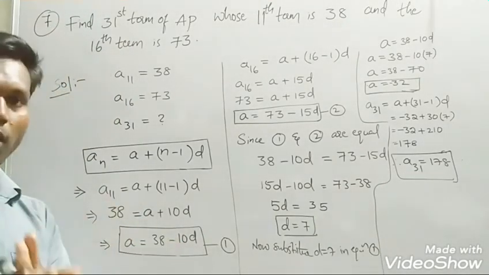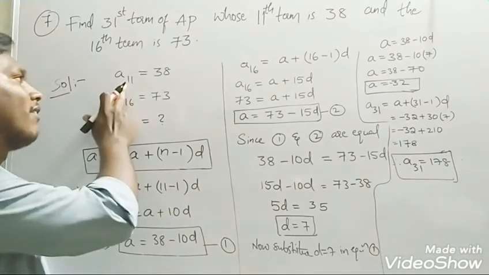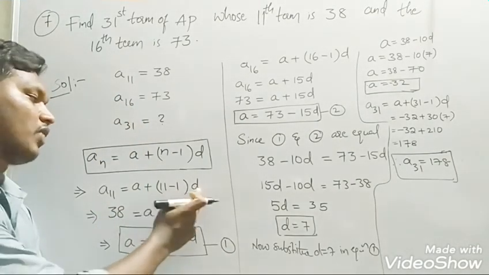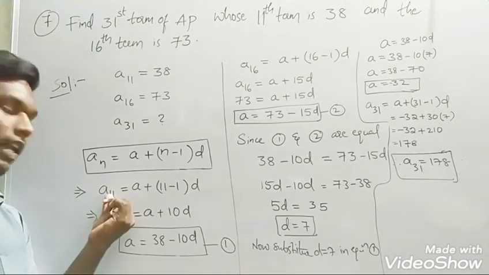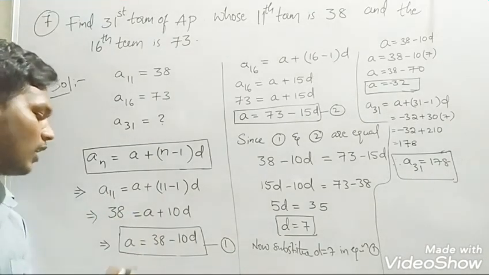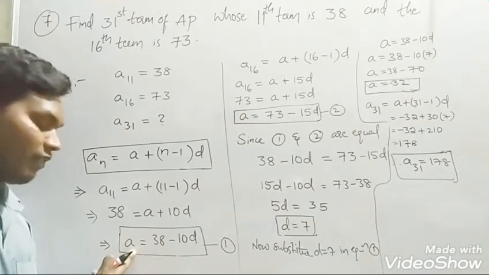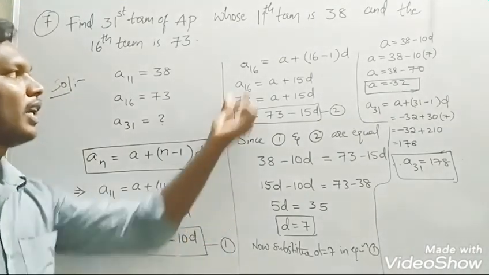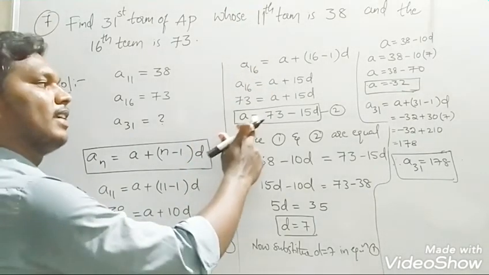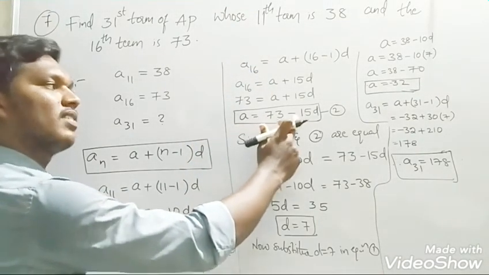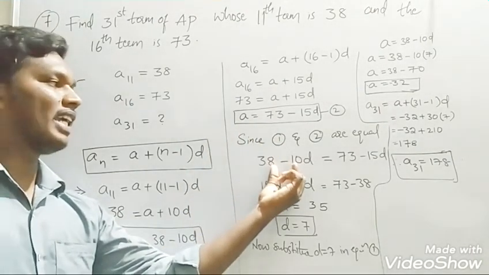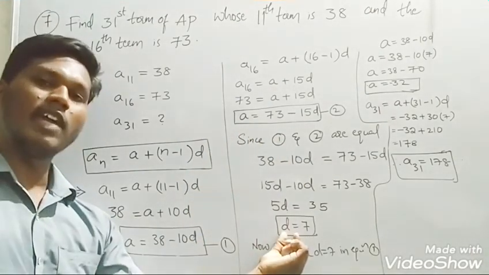So nothing we have done but write the 11th term in the formula: a11 is equal to a plus (11 minus 1) into d. He has given a11 as 38, so write it as it is. Now we get a in terms of d: a is equal to 38 minus 10d. Similarly for the 16th term we get a is equal to 73 minus 15d. Since 1 and 2 are equal, whenever we equate these two we get the d value as 7.